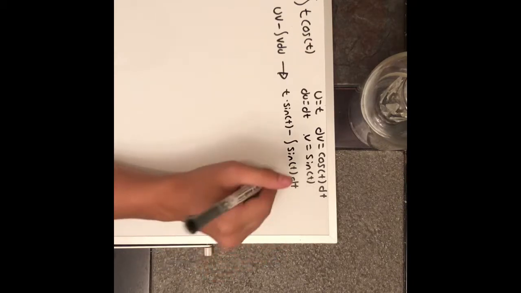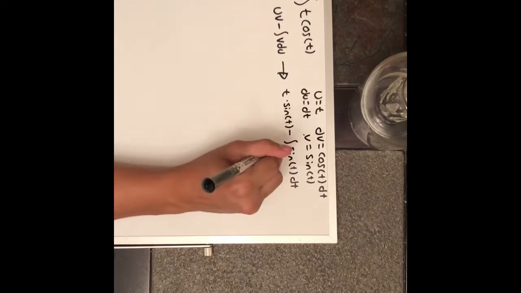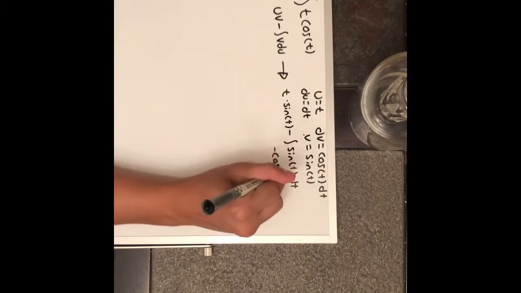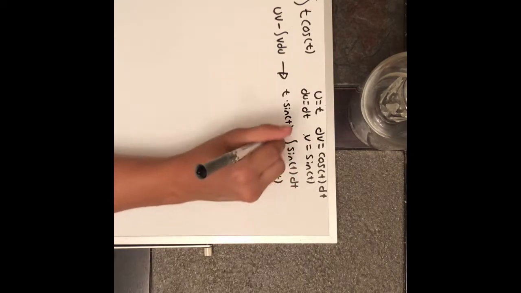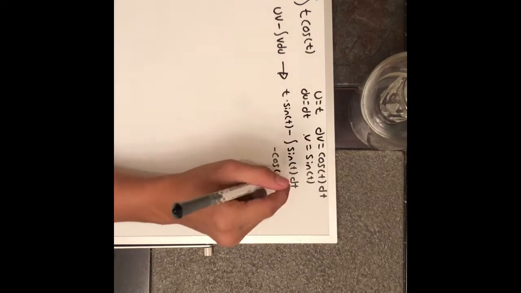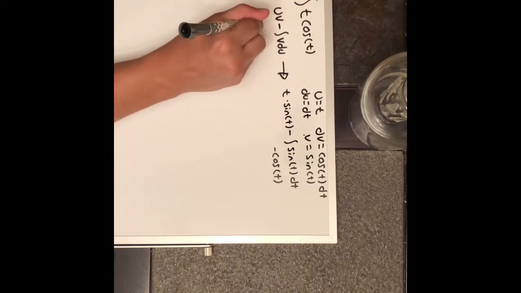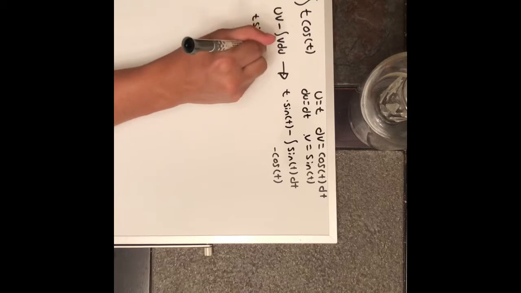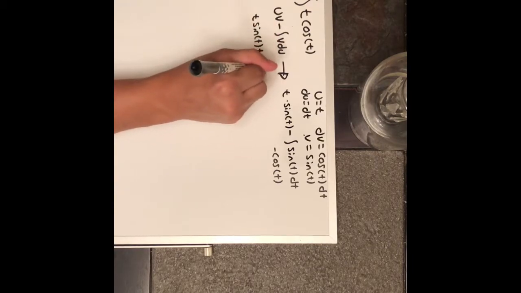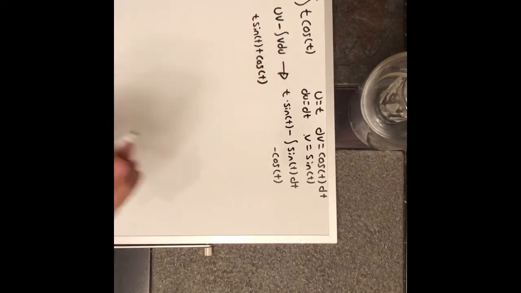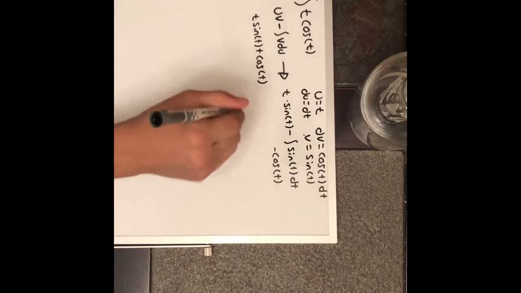So we know this answer is going to be negative cosine t. And since we have two negatives here, this will end up becoming t sine t plus cosine t.